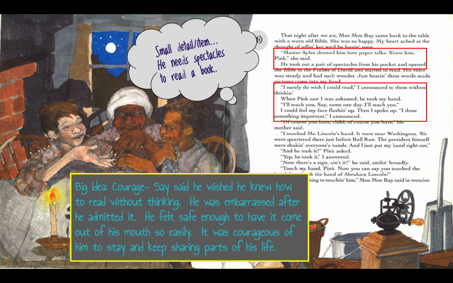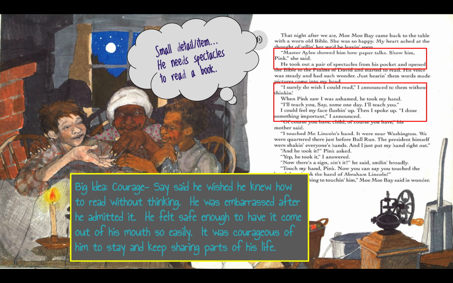Pushing through the book, here's the part where Moe Moe Bay is asking Pink to read to them. And then there's a moment when Say accidentally announces, without even thinking, that he wished he knew how to read. And honestly, in that moment, I was thinking, oh no, Pink can read, but Say can't read.